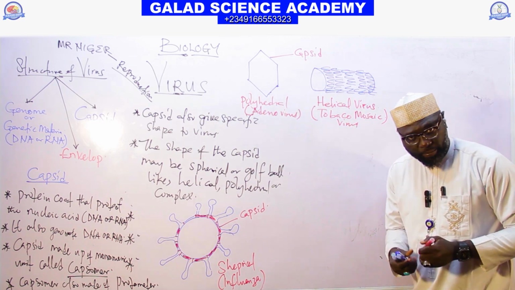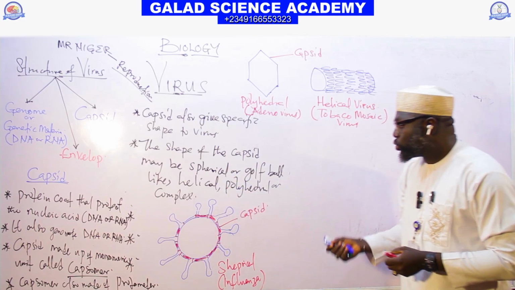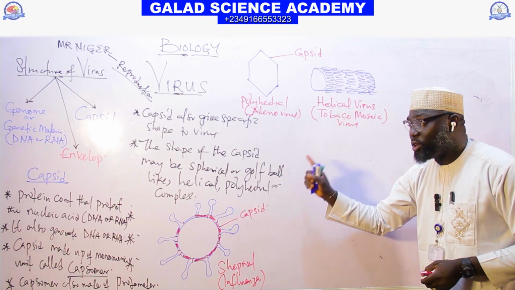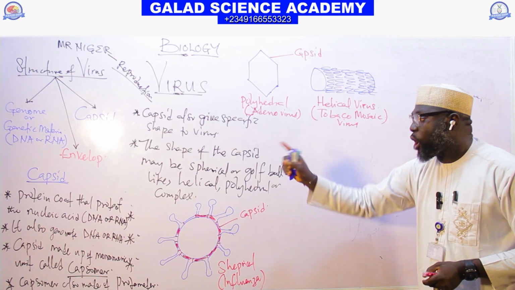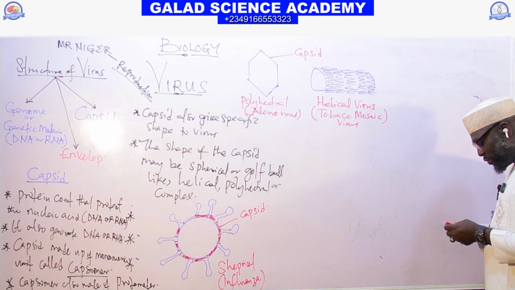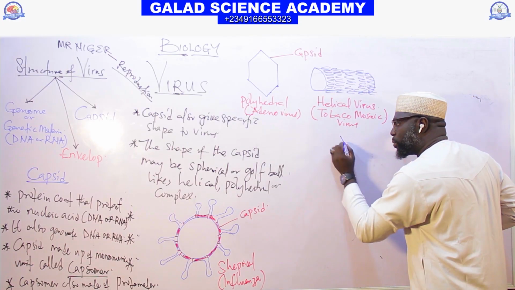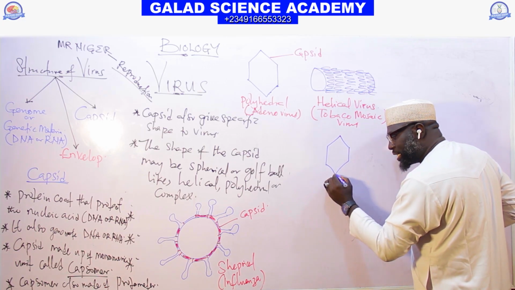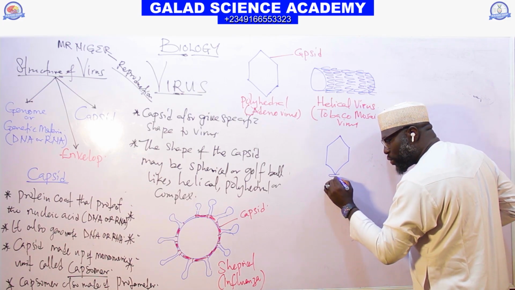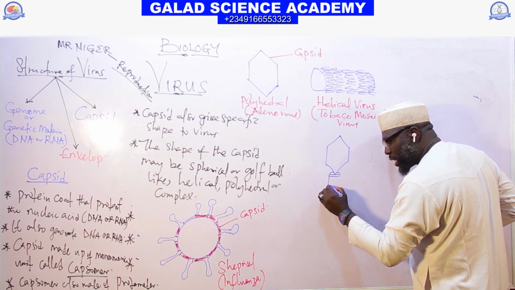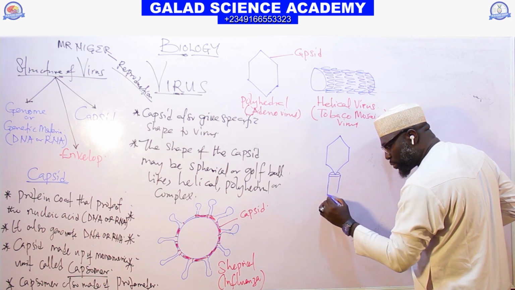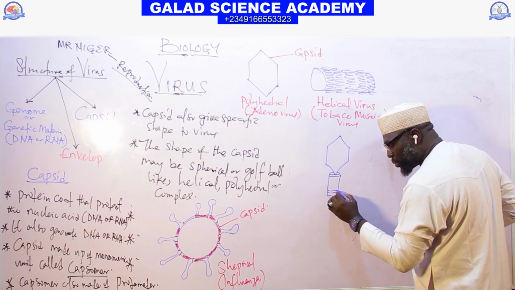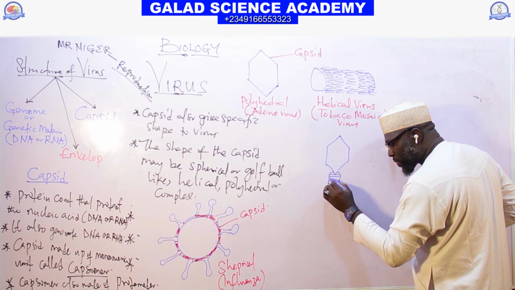And the third example is the complex shape. We have some viruses that exist in this form, and this same virus forms a complex shape. Look at the virus.